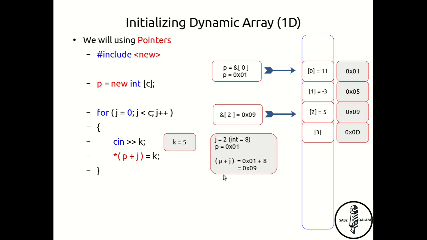P is 0x01, so when we add J, which is 8 bytes, the address comes out to be 0x09. 0x09 is the address of location number 2, and the contents of 0x09 have been assigned the value of K. So that's how you declare and initialize a dynamic one-dimensional pointer.